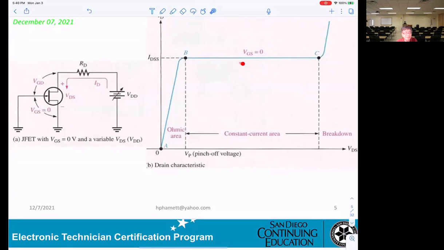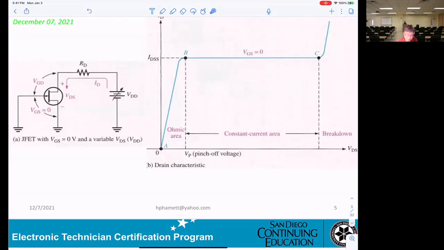Okay, that is the definition for IDSS. If you look back into your handout, you can see it. And IDSS is not something you can set. That's given by the manufacturer.